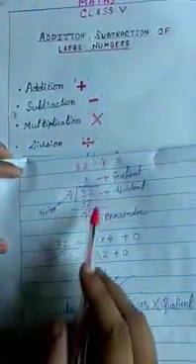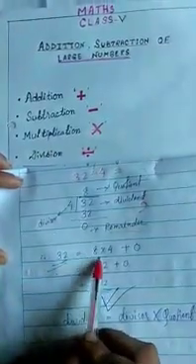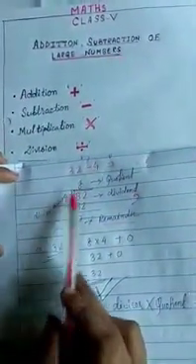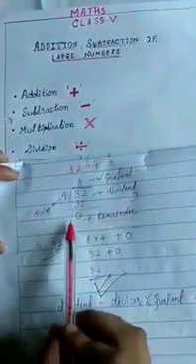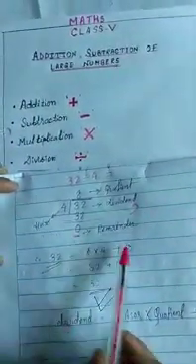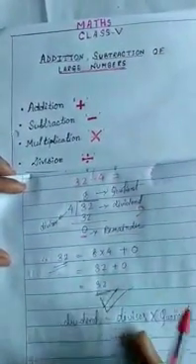So how can we get back the dividend? 32 is equal to 8 times 4, that means we have multiplied 8 times 4 is 32, and at last how much is there? 0. So if we add 32 plus 0, you will get 32.